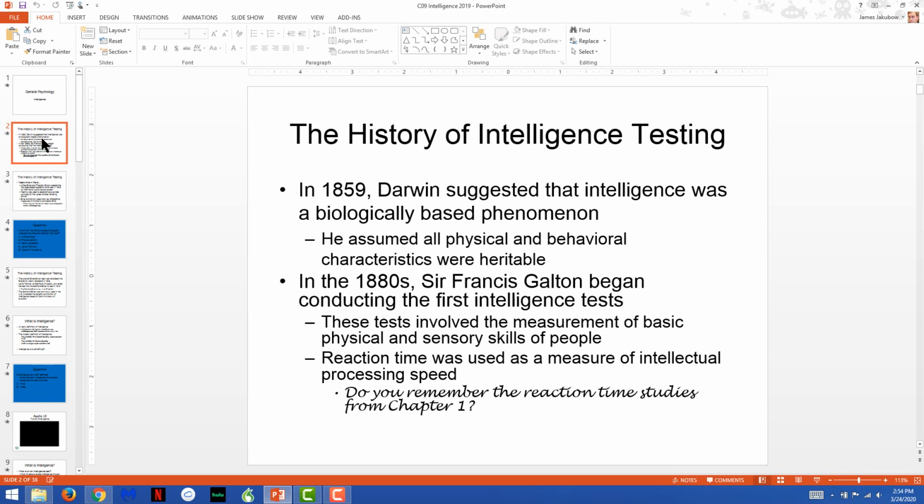Reaction time was oftentimes used in Galton's tests because of a basic underlying assumption about how your brain operates. It was assumed that intelligent individuals would probably have an efficiently designed neural architecture. Now keep this in mind, this is all very theoretical.